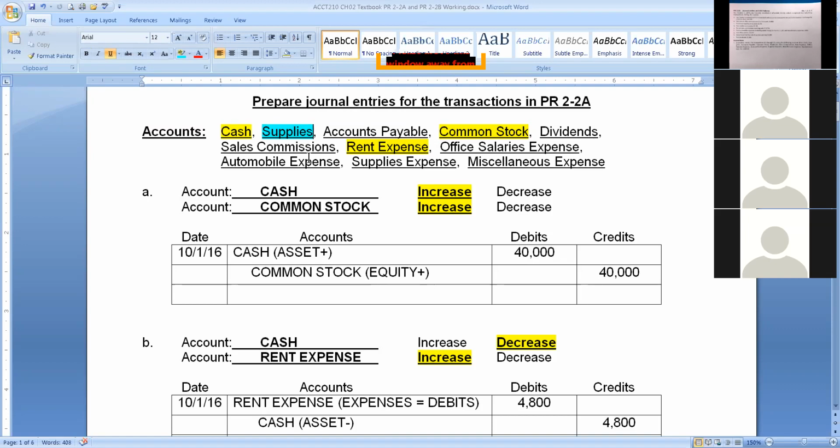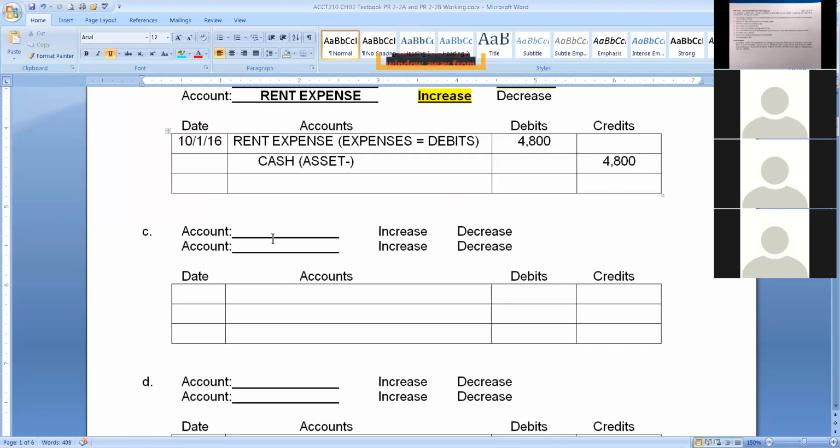The supplies are going to be an asset because if you think about it, they still have a value, and we haven't used any of them yet. So these are going to be an asset. Okay, so I'm going to write that in here. So the account we're going to use, the first one's going to be supplies.